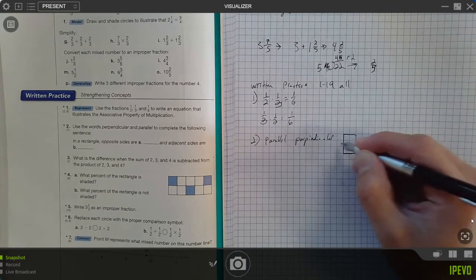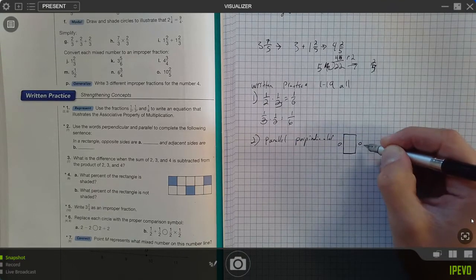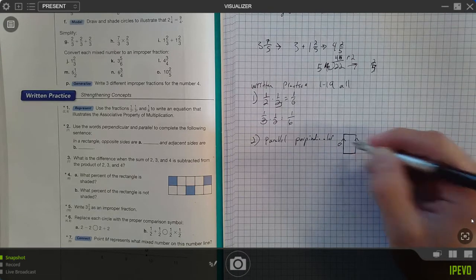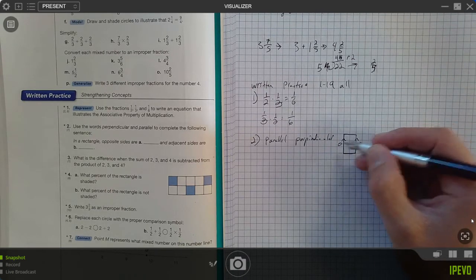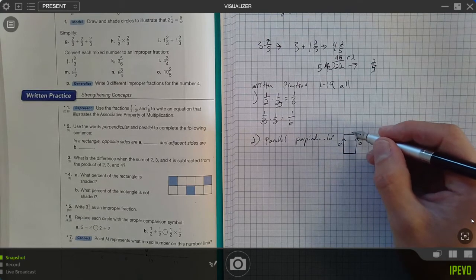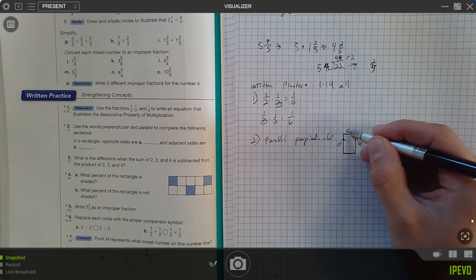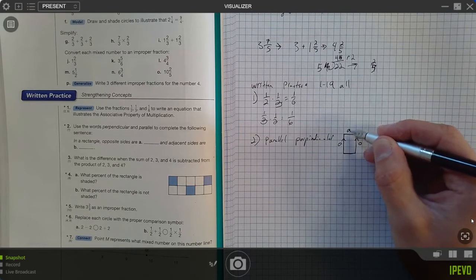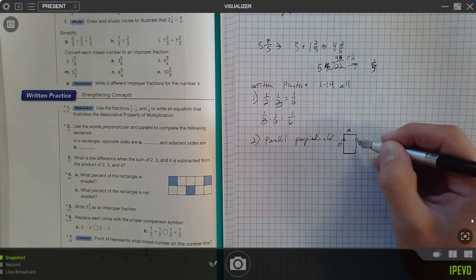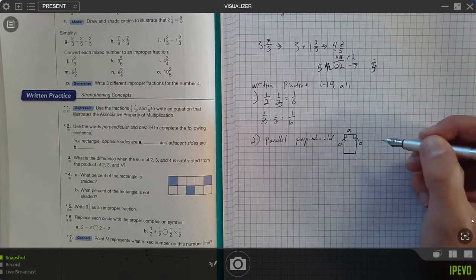Sides opposite from each other are parallel. They will never touch each other, okay? That's what these little arrows mean. Sides that are adjacent, so this A is adjacent here and here, they are perpendicular.